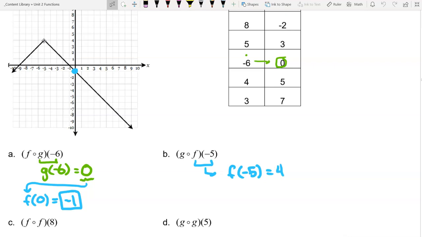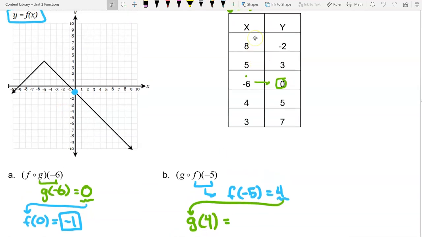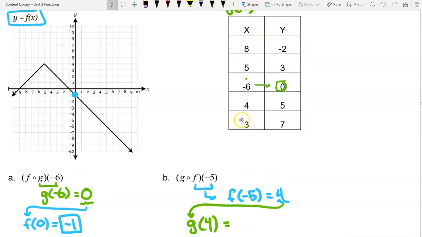Underline 4. Now we're going over to g of 4 and we're going to figure out what that is. Now remember, this becomes the x again. So I look in the table, I find the x, okay, here it is. Go to 4, it's right here, and find what that y is. So the answer is 5.